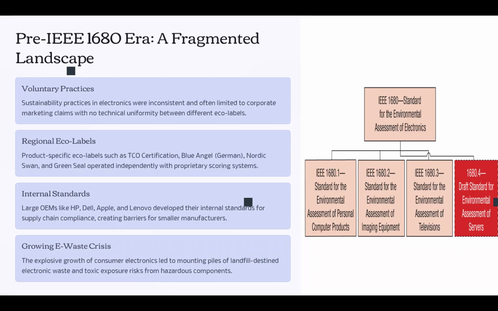Many of these electronics contain hazardous substances like mercury, cadmium, or lead, which were leaching into the soil and water. Without a unified sustainability approach, efforts were disconnected and often fell short of having a real environmental impact.